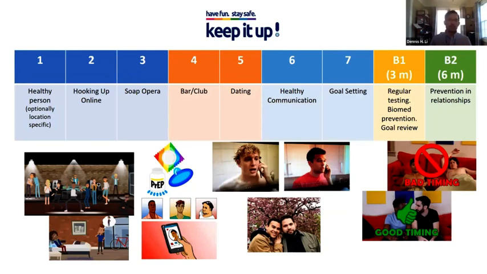It's delivered in 3 episodes, and then 2 booster sessions, one at 3 months later, one at 6 months later. It's designed to be delivered after the receipt of an HIV test result. So a young man who receives a negative test result is also provided Keep It Up so that they can keep up their negative status.